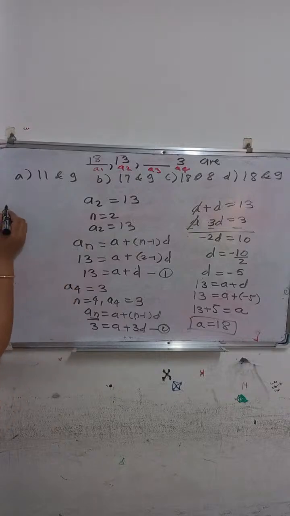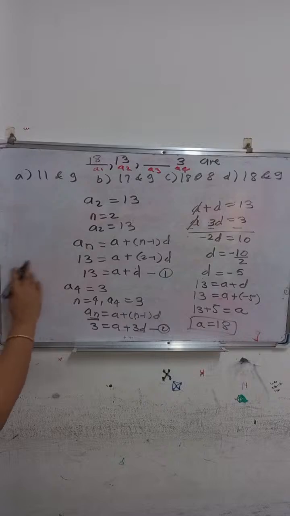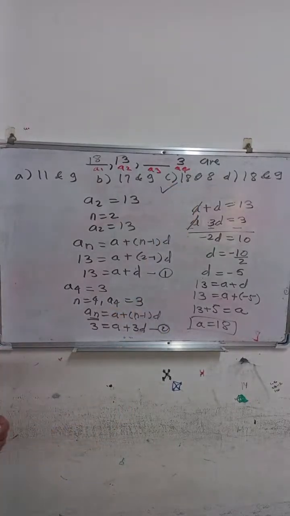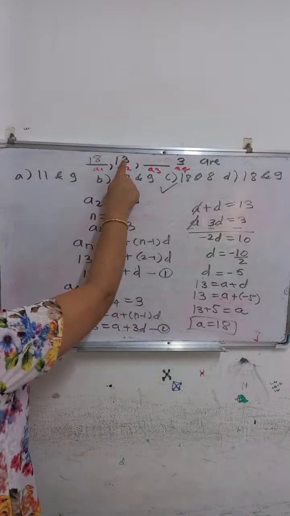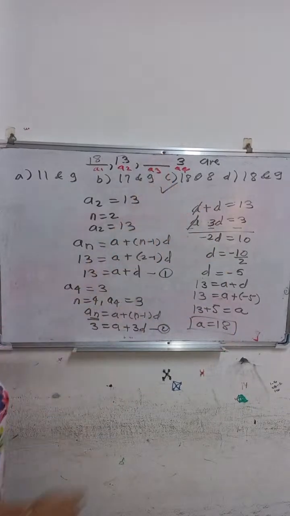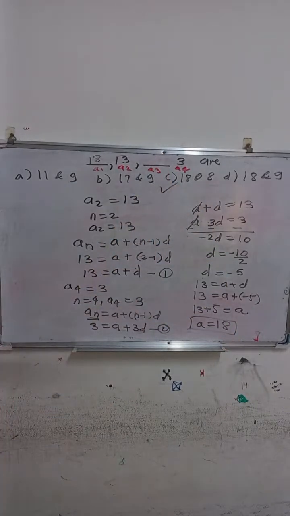So I use this equation here: 13 minus 5, that is equal to 8. So 8, that means option C is the correct option. Subtract minus 5 from 13, then you will get the third term. So you will get the answer 18, 13, 8 and 3. Okay, so option C is the correct option.